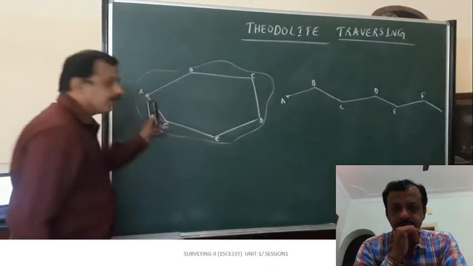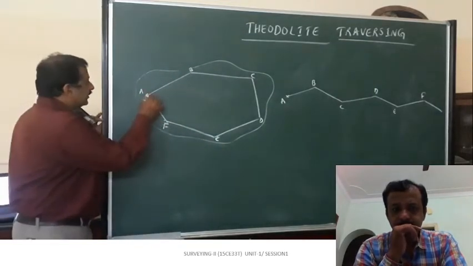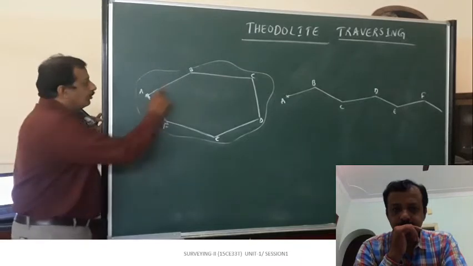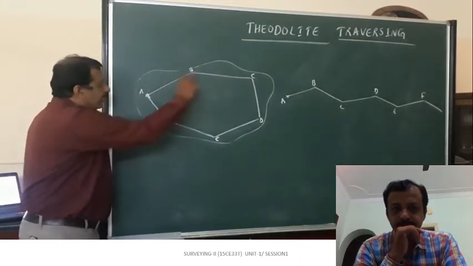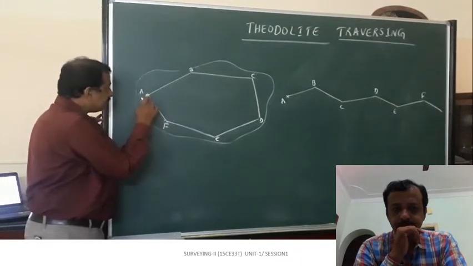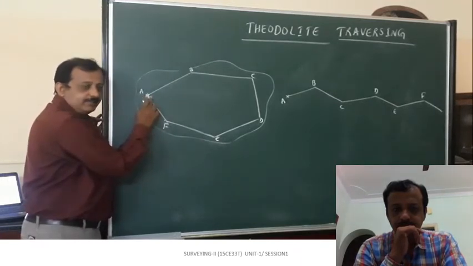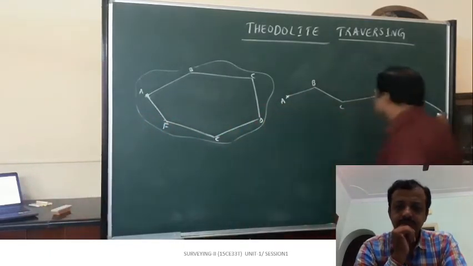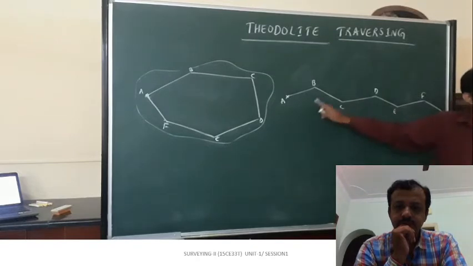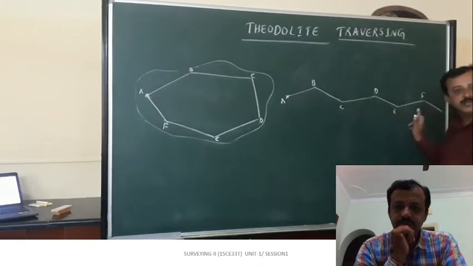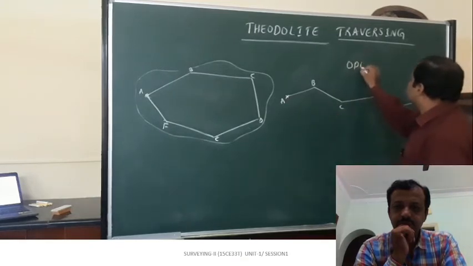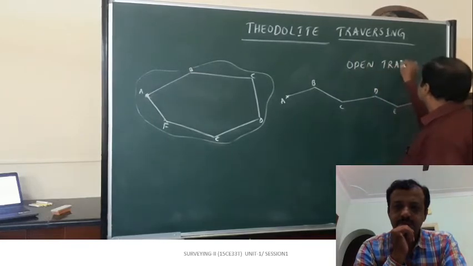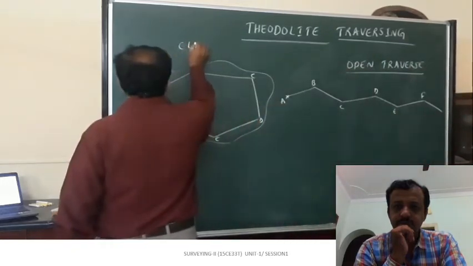In this case, we call it a closed traverse because the starting station and the terminating station coincide. But here the starting station and terminating station are not coinciding. They are different. This we call an open traverse. This is called a closed traverse.